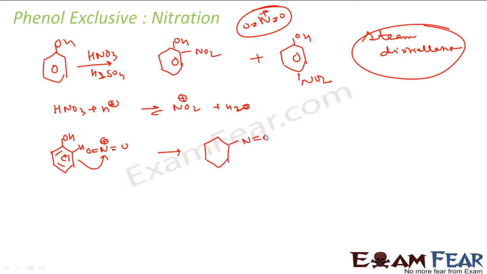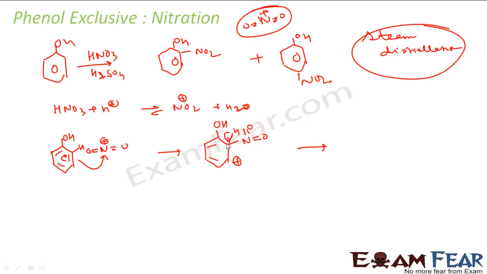So what you get here is something like this. You get NO2, the charge will go off from nitrogen because positive and negative will form a bond. Here you get a positive charge, and there is already an H here. Now the aromaticity is broken. We have been told that aromaticity brings stability, so we want the aromaticity to be back. For that, this hydrogen will go off.